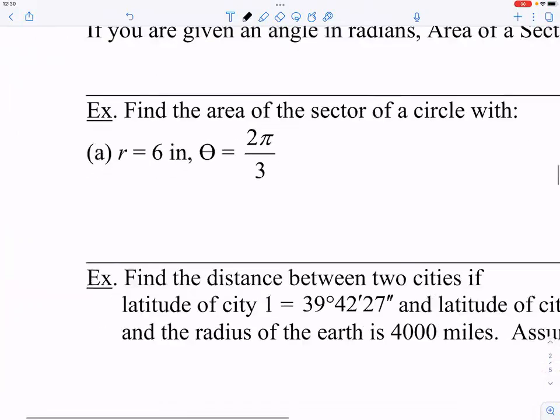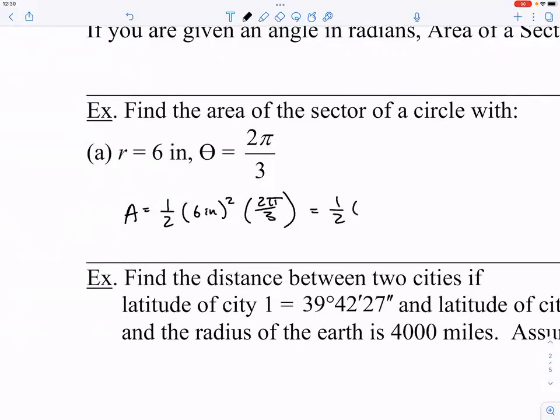Okay, so let's just work on example A. I think example A is really important. So 1/2 r squared theta. Okay, so 1/2 times 36 inches squared, and then 2 pi over 3.